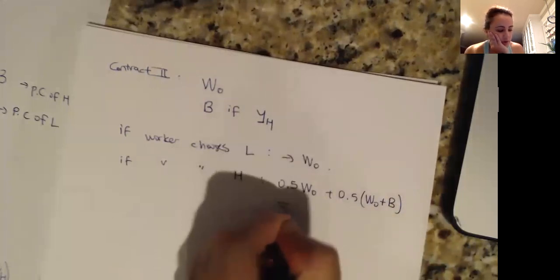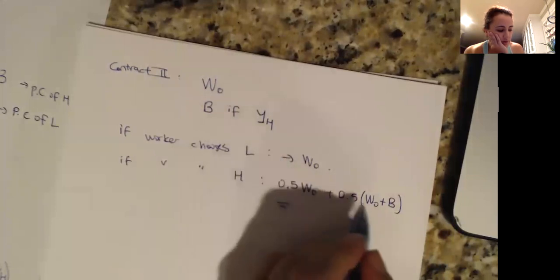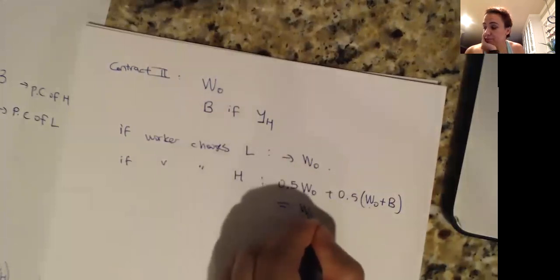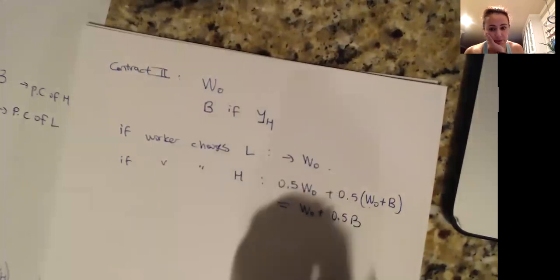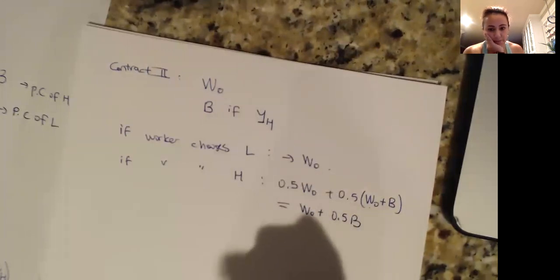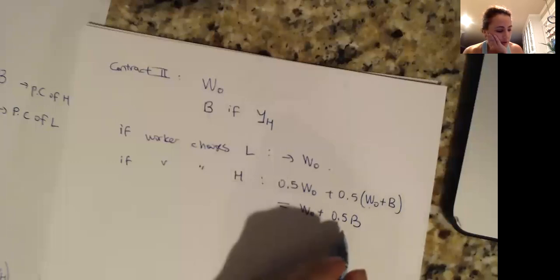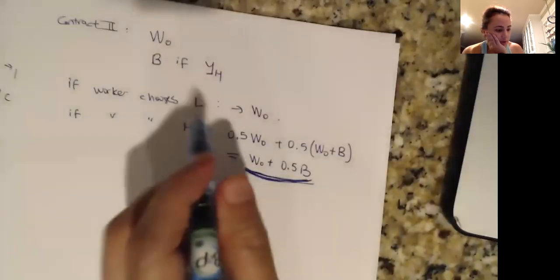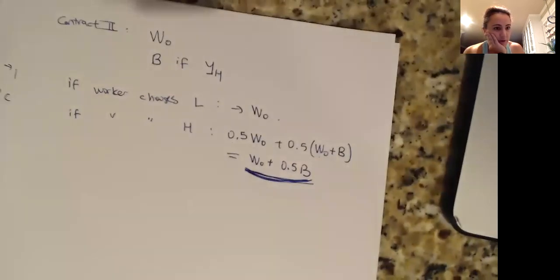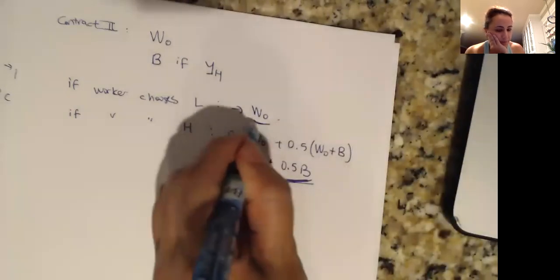So this is W0 plus 0.5 B. This is the payoff from high effort, and this is the payoff from low effort.